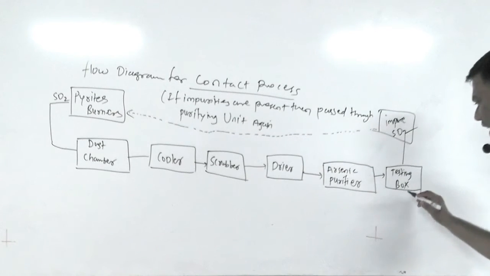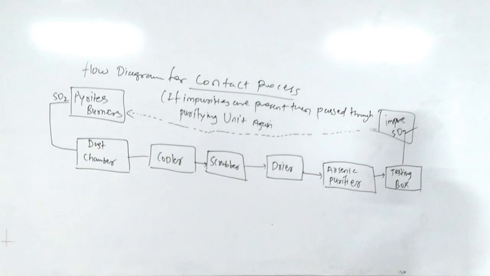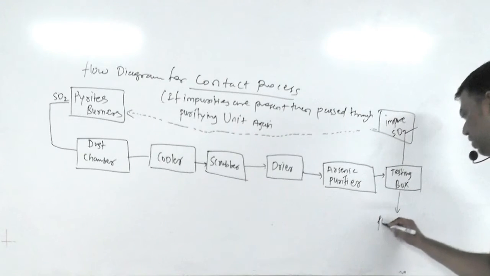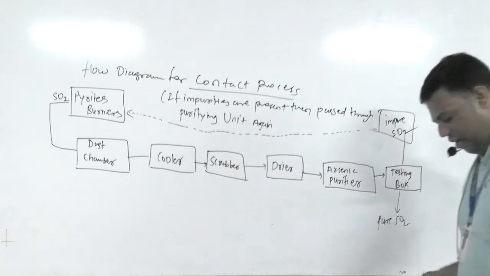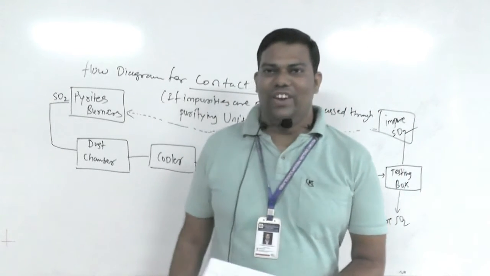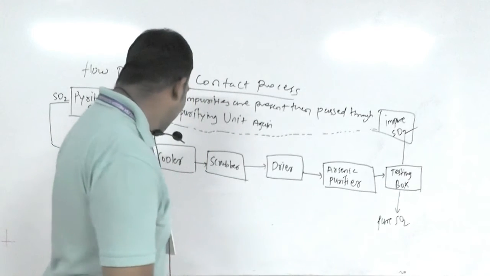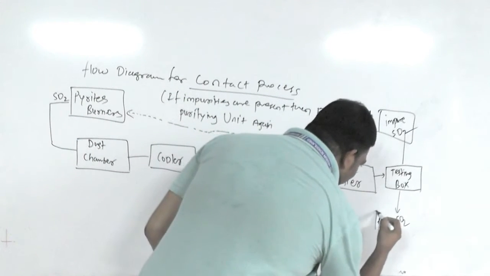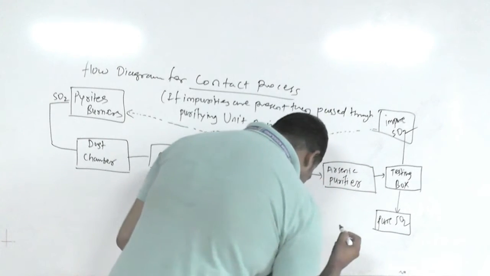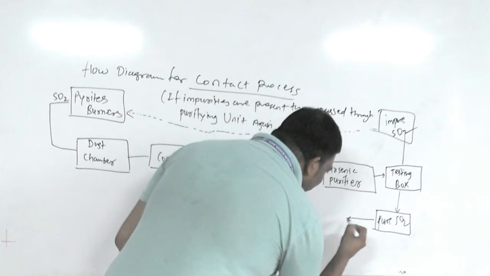Now if you got pure sulfur dioxide, then we have to pass it into the catalyst chamber.